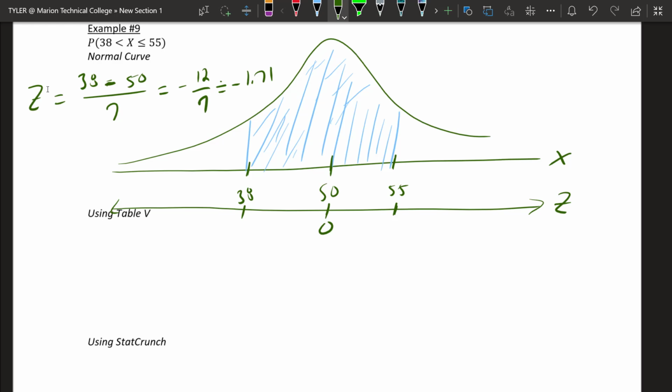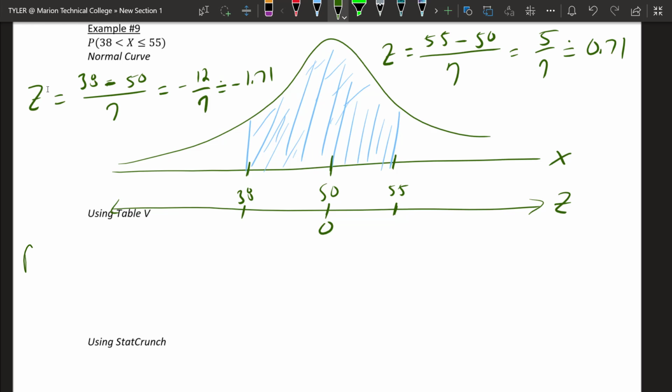So that's my z-score for x equals 38. For x equals 55, the z-score would be 55 minus 50 all over 7, which is equal to 5/7, which is approximately equal to 0.71, to 2 decimal spots.